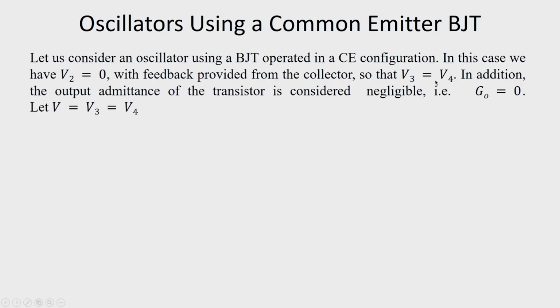So, V3 is equal to V4, and in addition the output admittance of the transistor is considered negligible. That means, we have G_0 equal to 0, and let us represent V equal to V3 equal to V4.